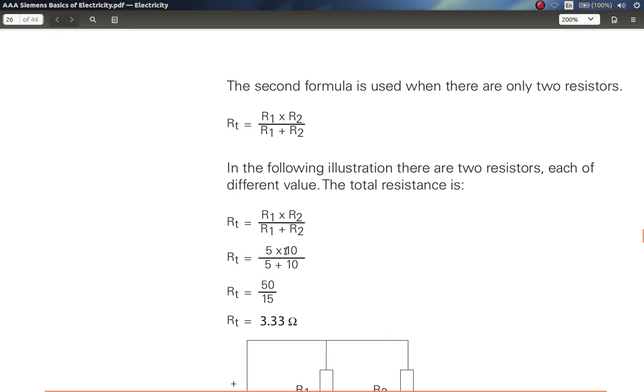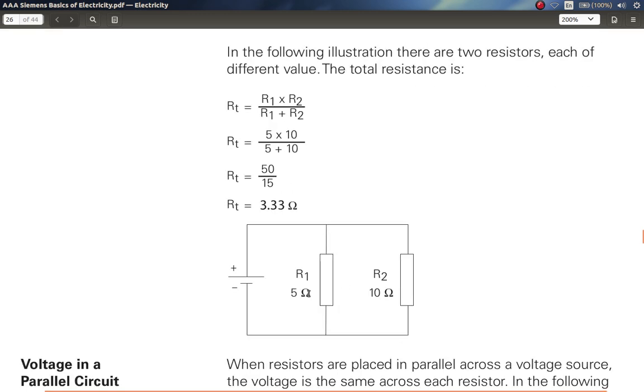RT is 50 over 15, which is 3.3 ohms. So that's the equivalent of 5 ohm and 10 ohm. Now you can try the 1 over 5 plus 1 over 10 and you will see that it will work out.